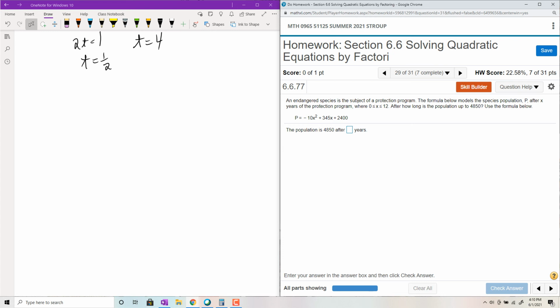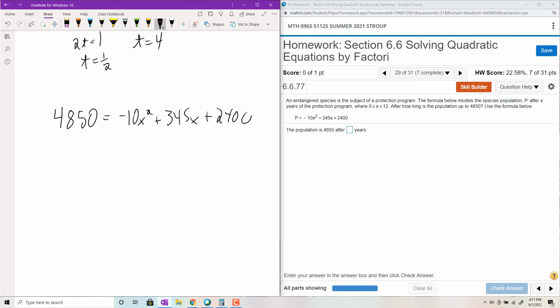Some animal questions. An endangered species population formula. How long until the population is 4850? So you just replace P, the population, in that equation, because that's the population equation, with 4850. So instead of writing P, write 4850 equals negative 10x squared plus 345x plus 2400.